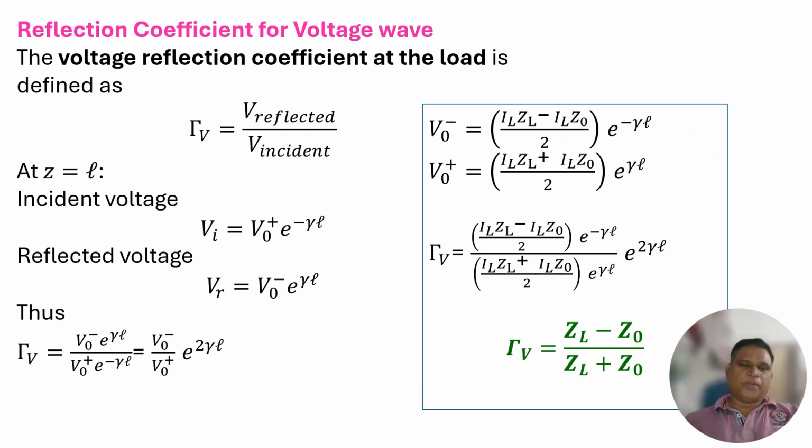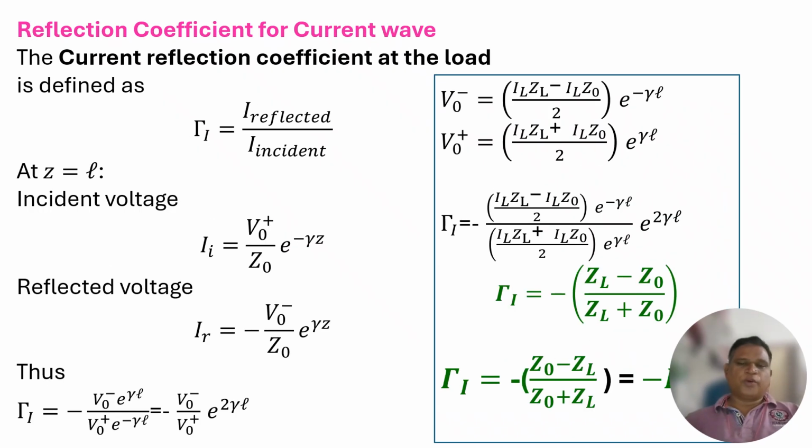Therefore, by substituting this, we will get V naught minus divided by V naught plus e power 2 gamma L. By substituting these two equations, we will get the voltage reflection coefficient is equal to ZL minus Z naught divided by ZL plus Z naught. Please solve these expressions. This is the final answer.